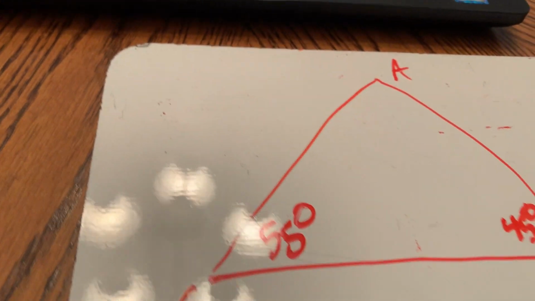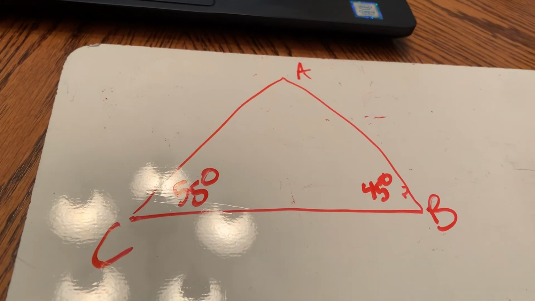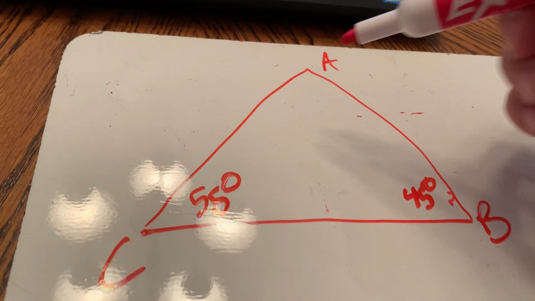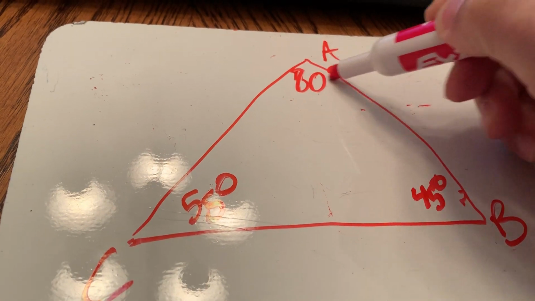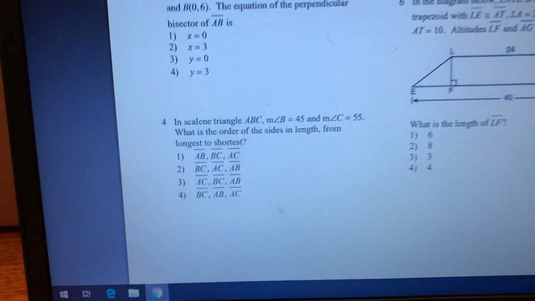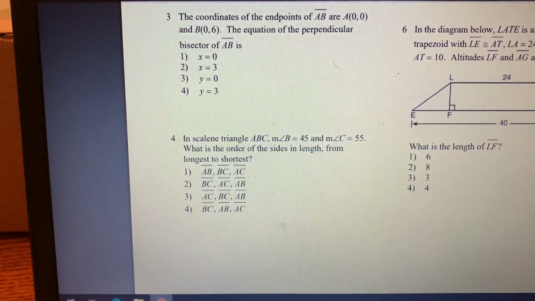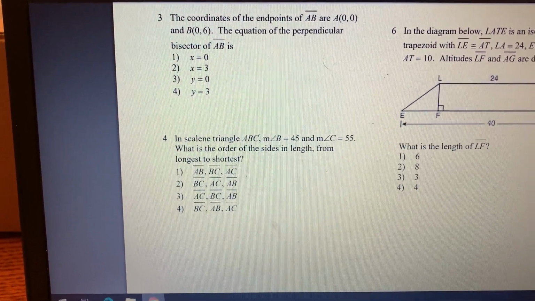So what do I know about triangles? All the angles have to add up to 180. So 55 and 45 is 100. So I know A has to be 80. It says, what are the order of the sides in length from longest to shortest?